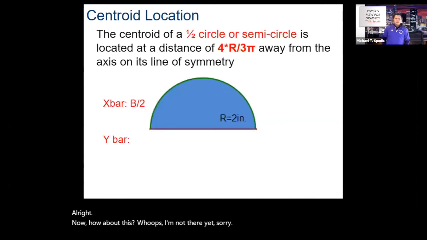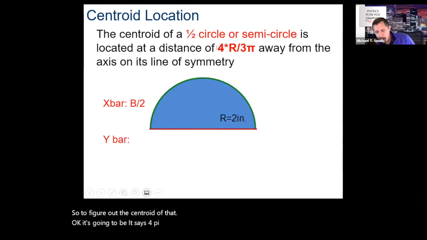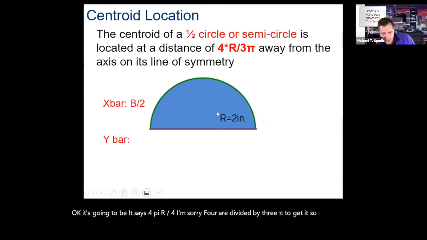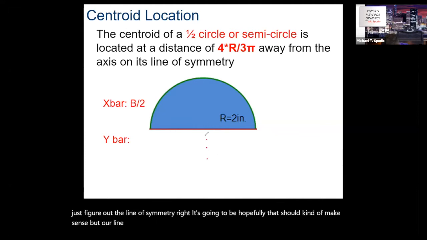Okay. So to figure out the centroid of that, it says 4r divided by 3 pi to get it. So first up, let's just figure out the line of symmetry, right? Hopefully that should kind of make sense, but our line of symmetry is like that.